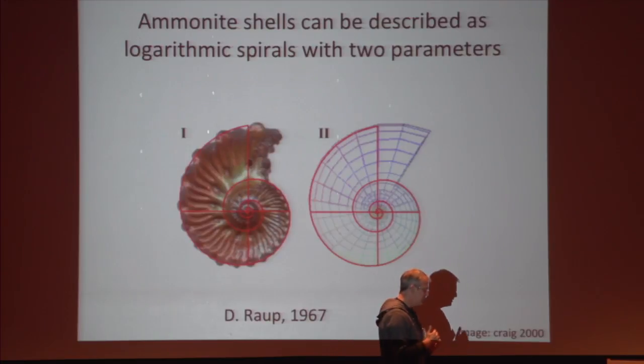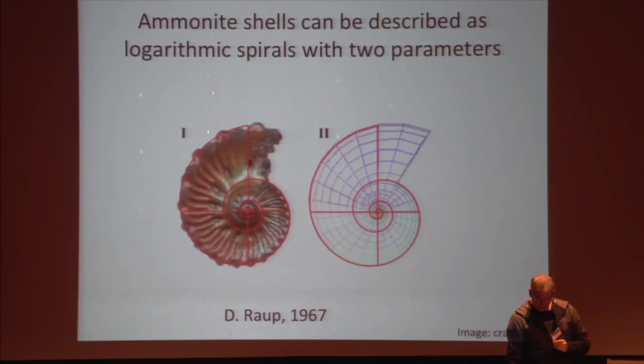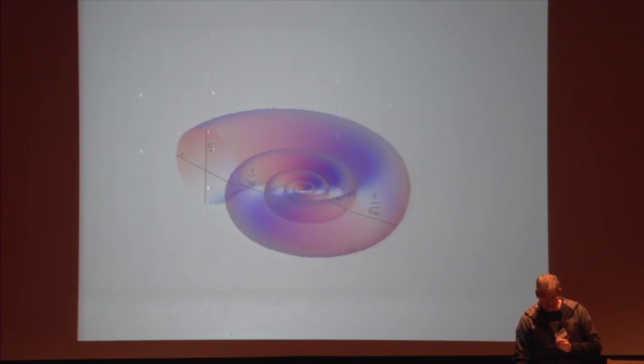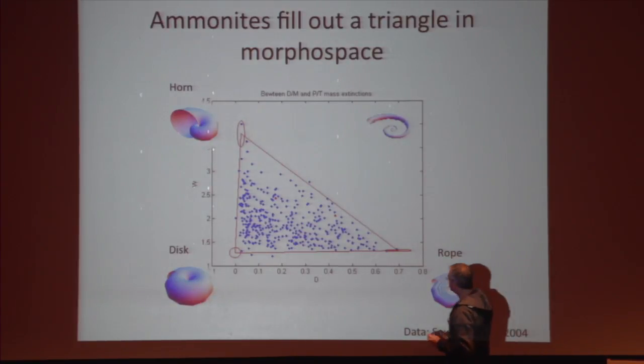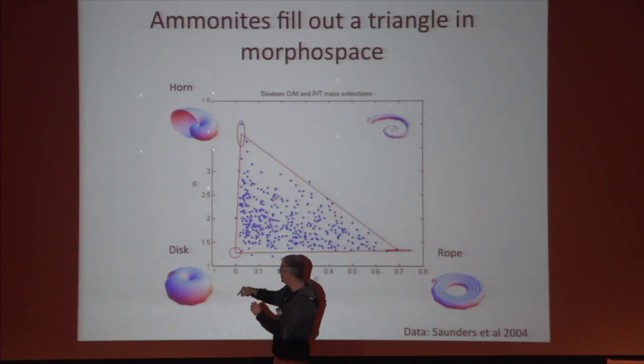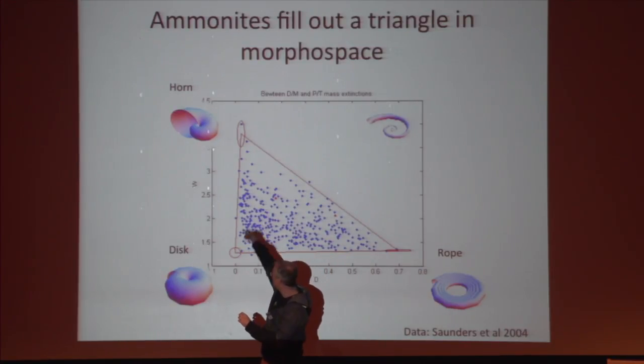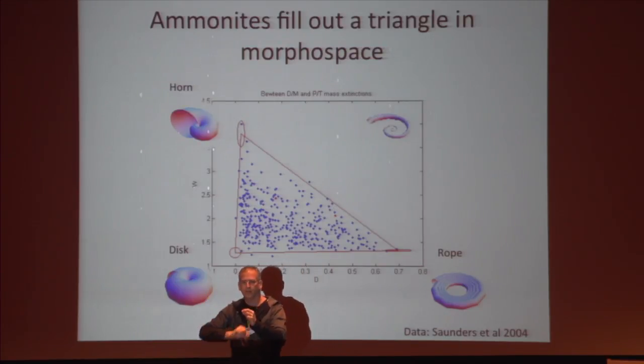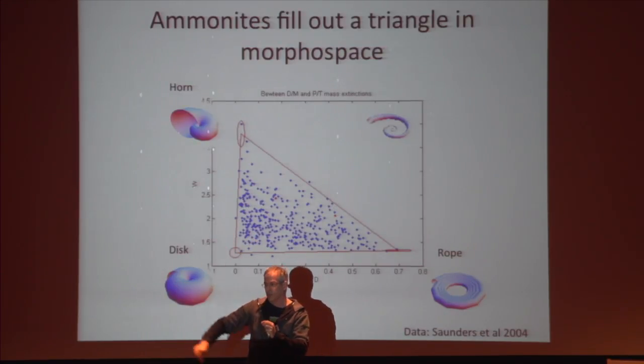So it's an interesting evolutionary example. And each point here is a genus of Ammonites, and the axes are about the 2 logarithmic spirals. This axis, W, is the amount that the logarithmic spiral grows, the fraction that the radius grows with each revolution.